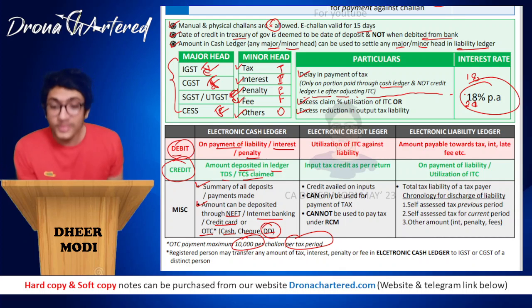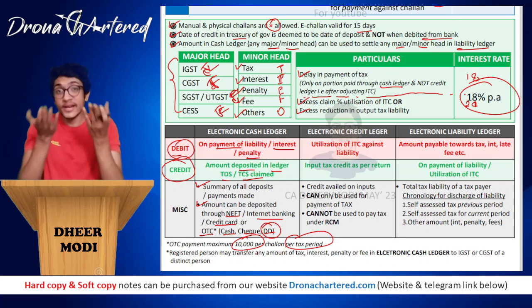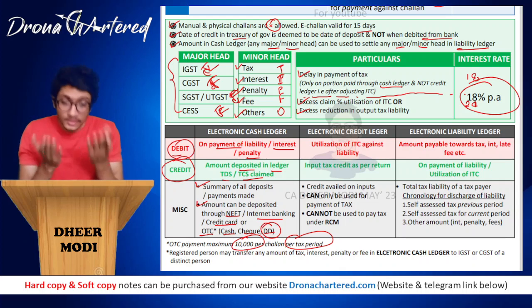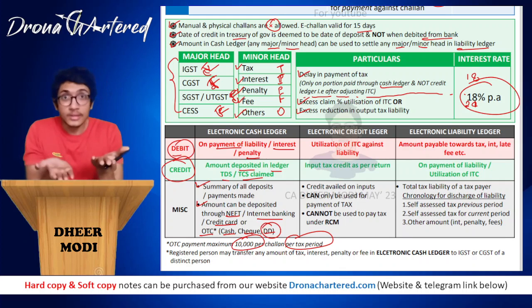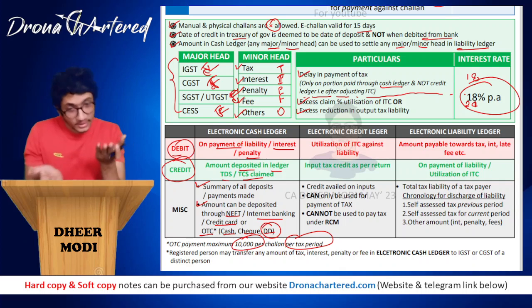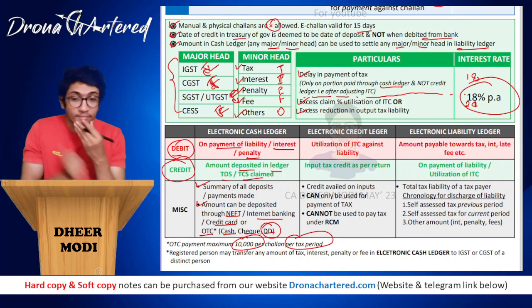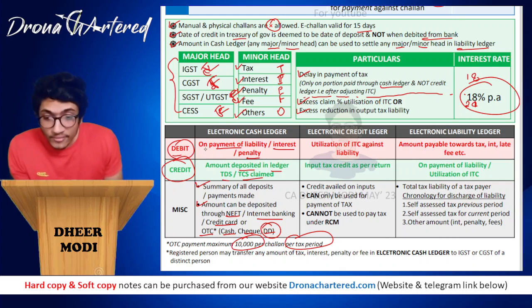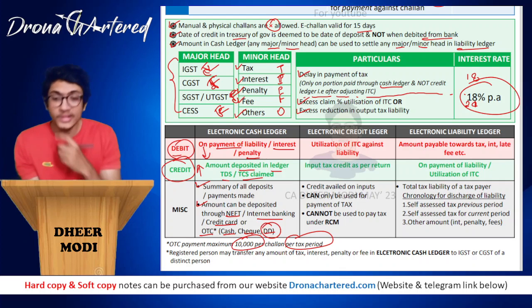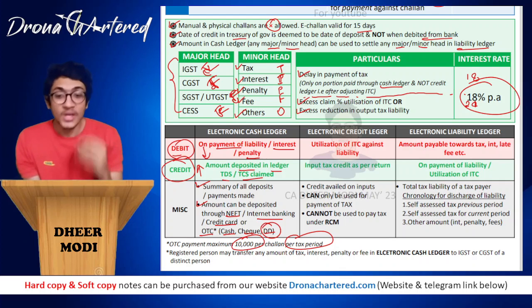So these are your miscellaneous points with regard to the cash ledger. When cash increases, you credit it; when cash decreases, you debit it. You can make this arrow for debit and this for credit whenever it increases.